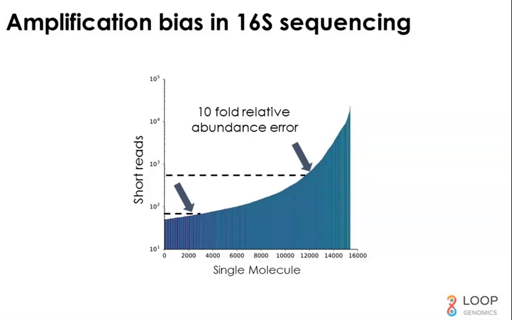In the human genome, every gene has on average 10 different splice variants. So not looking at that and just sequencing the end of the transcript really leaves us blind to a lot of the variation in gene expression. So Loop Genomics' contribution to single-cell sequencing is bringing the ability to do long-read sequencing for single cells.